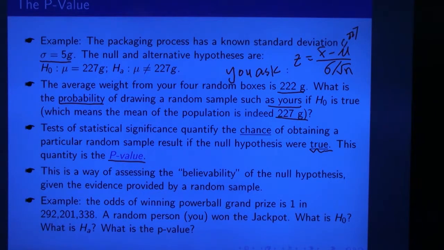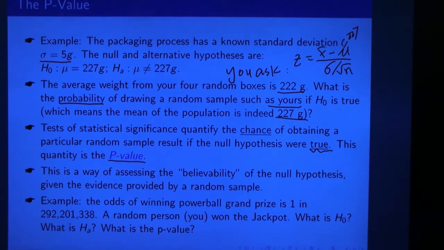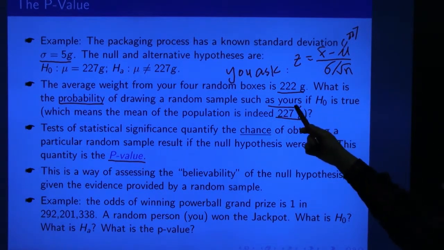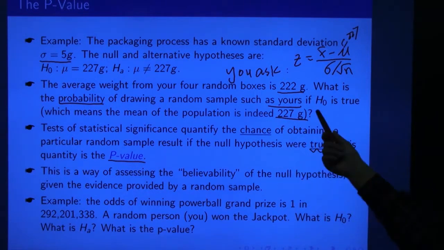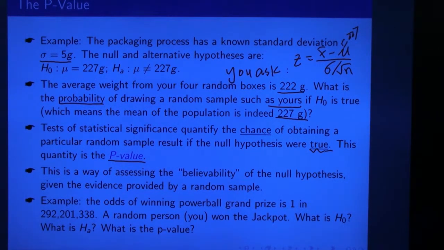This is a way of assessing the believability of the null hypothesis given the evidence provided by a random sample. Let's rephrase this. Suppose the mean of the population equals 227, and the probability for you to get a random sample whose mean equals 222 is 1%.